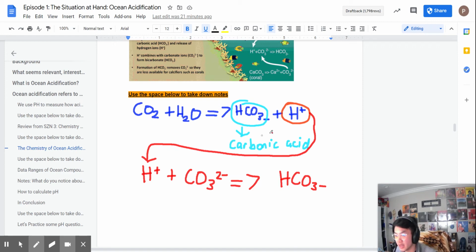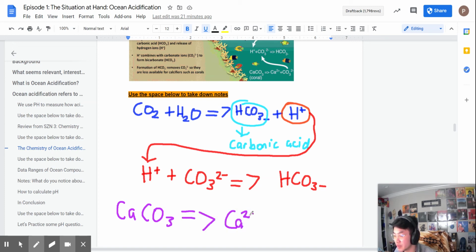Okay, and then next you're going to see this reaction with the coral. So let me write this in, let's say, purple. It's this reaction in purple that doesn't happen so often because there's no carbonate available.